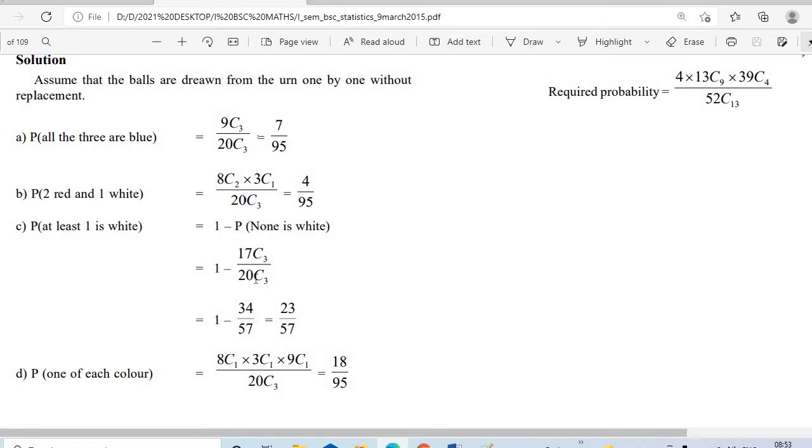So 1 minus 17C3 by 20C3, that equals 1 minus 34 by 57, that equals 23 by 57.